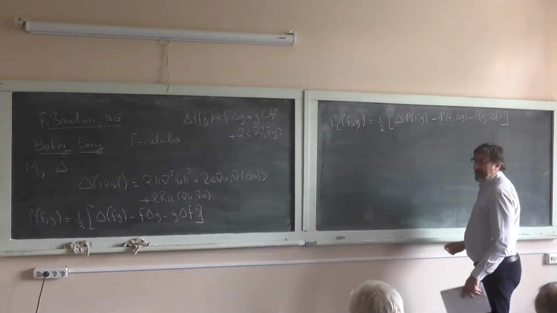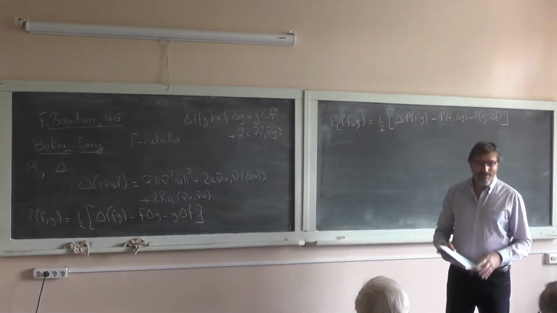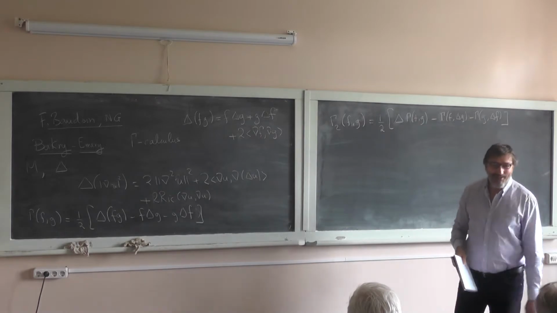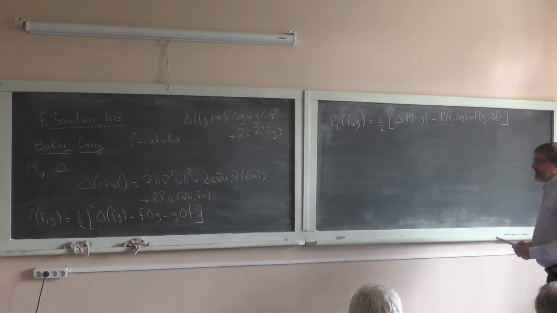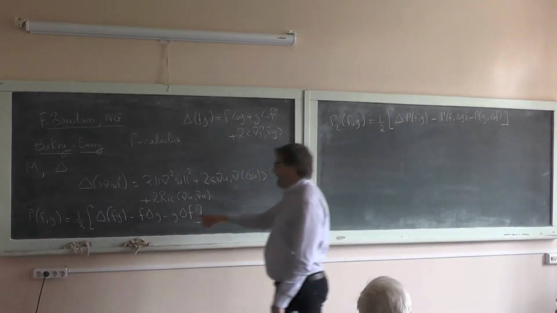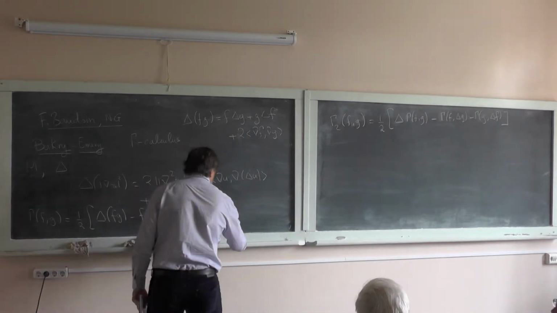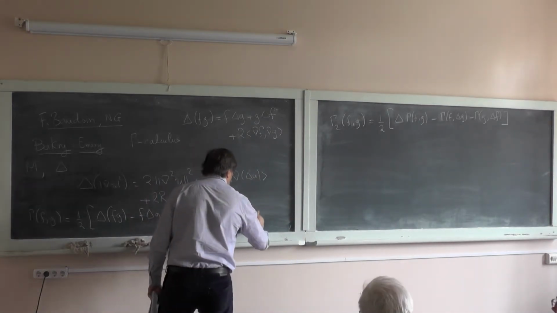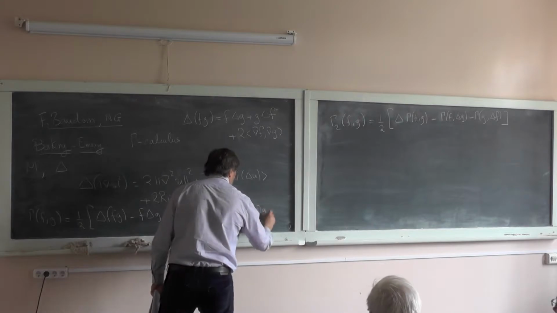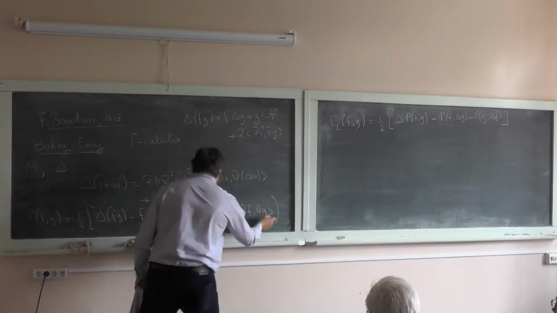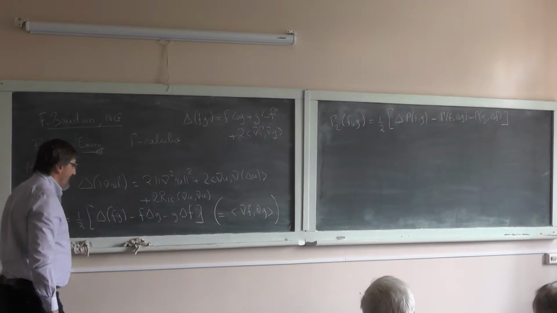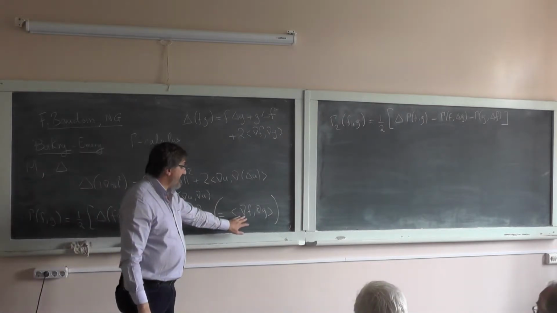It will take a few minutes for you to get adjusted to these gamma notations here, but notice that in the Riemannian case, this object is just gradient f, gradient g. So you have to keep in mind this fact here.